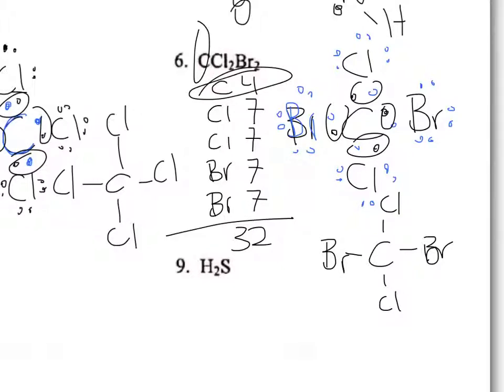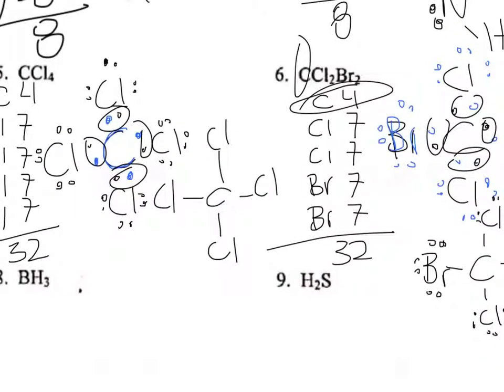And I forgot on the previous example to draw in the lone pairs. So lone pair, we have 3 each on these guys that I forgot to draw in. So in a Lewis structure you draw the bonds, but you also draw the spare lone pairs.